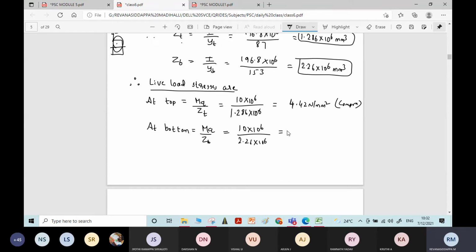Compression here, and at bottom 7.77 Newton per mm square, and tension it is. Okay, write the figure: 7.77 and 4.4.